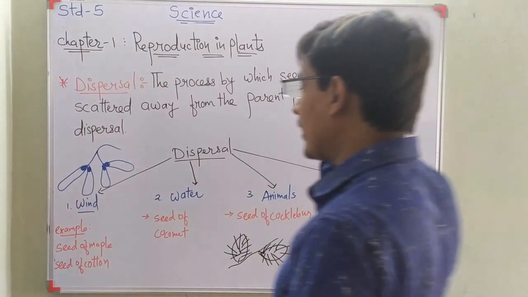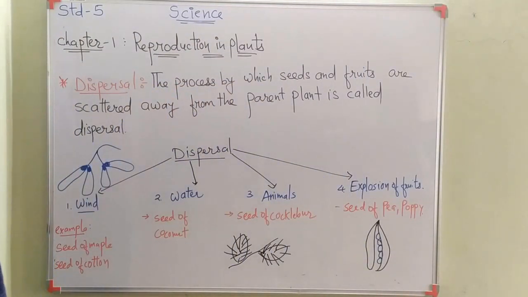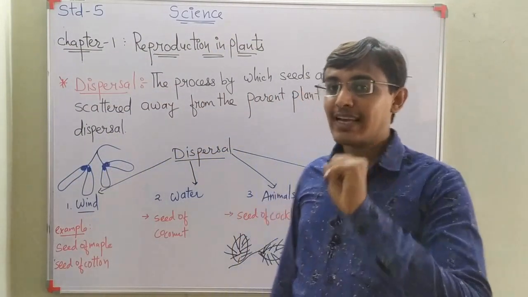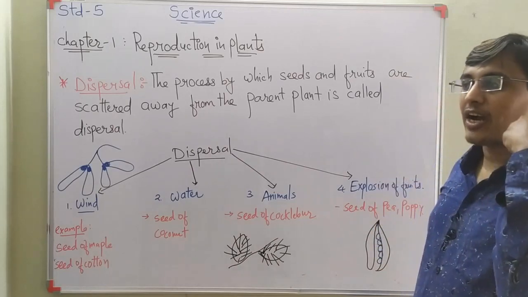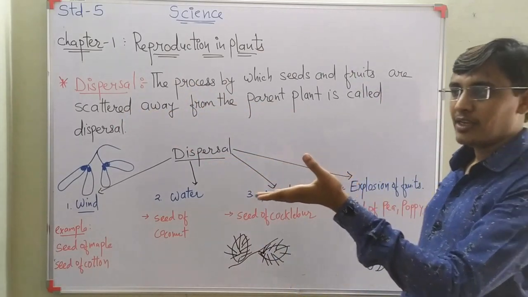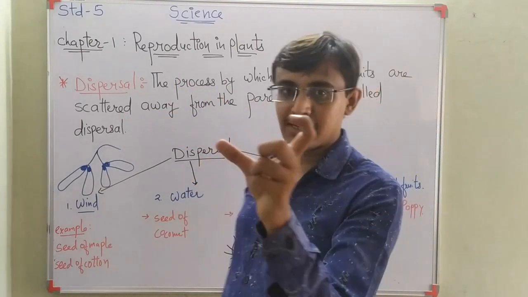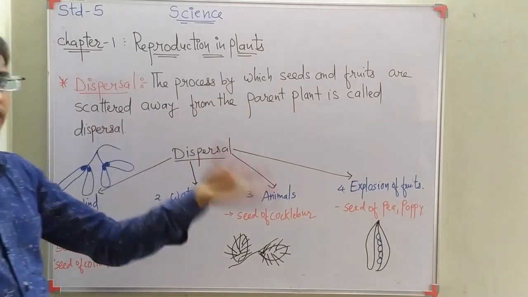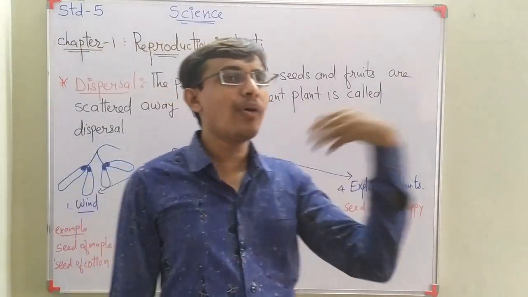So now students, let's start with the topic dispersal. What is meant by dispersal? The process by which the seeds and fruits get scattered away from the plant. Seeds go very far away from the plants, or fruits get scattered away.